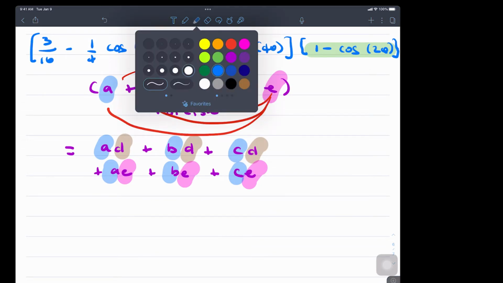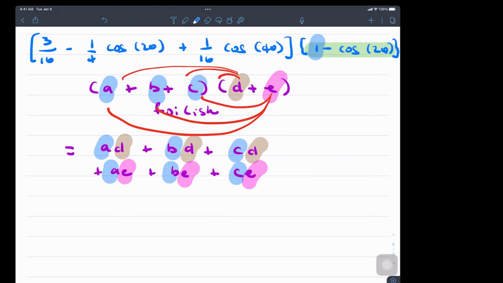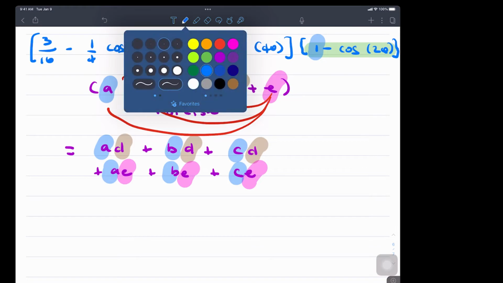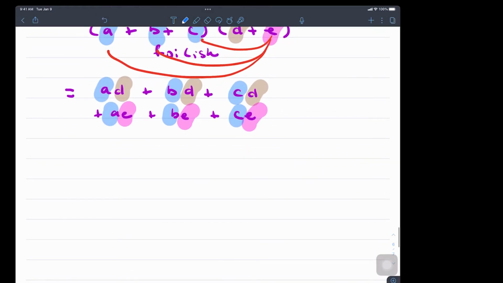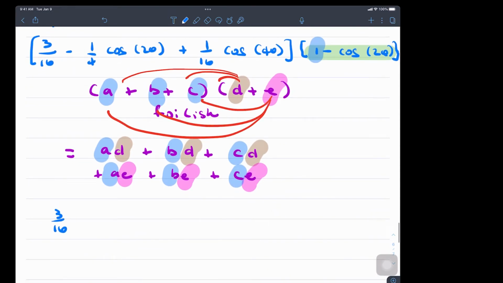Now, we know what's nice about the number 1. 1 times everything is itself. So I'm going to say 1 times all these terms. What do you get? You just copy down the terms. 3/16, right? Minus what? 1/4 cosine 2 theta, right?